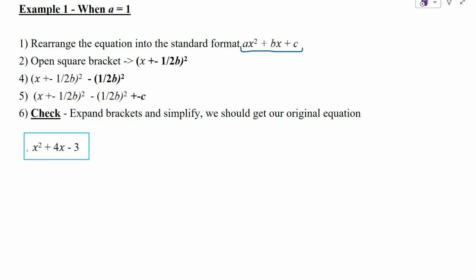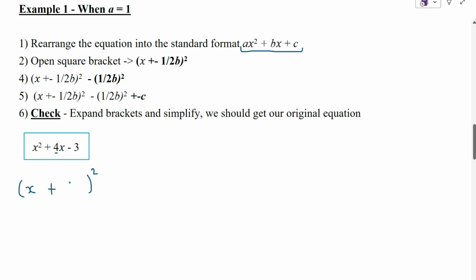No number in front of x just means 1. So once that's done, we open a bracket and we write in x plus or minus, depending on what the original equation has. This has a plus, so we're going to keep it like that. Half of b, and b is the number in front of x here.